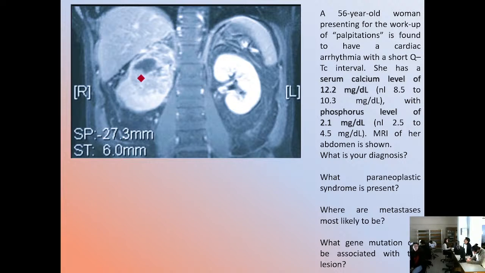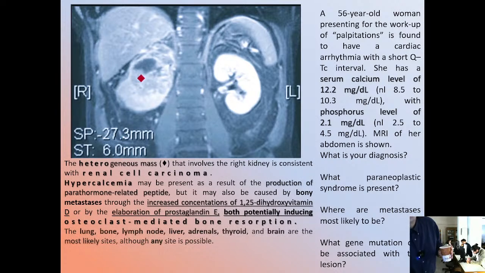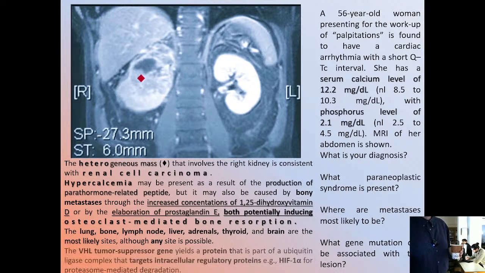In this explanation, it is of interest that the active form of vitamin D is involved. And when we have an increased concentration of this vitamin and possibly prostaglandin E, this osteoclast activation is enhanced. So it can explain the hypercalcemia. And all these sites are possible metastatic sites of renal cell carcinoma.